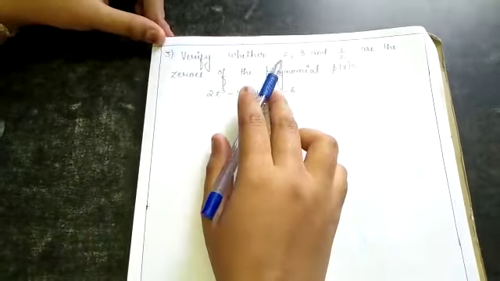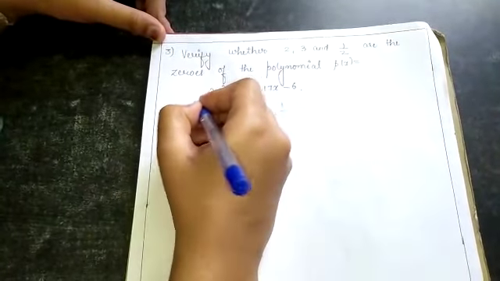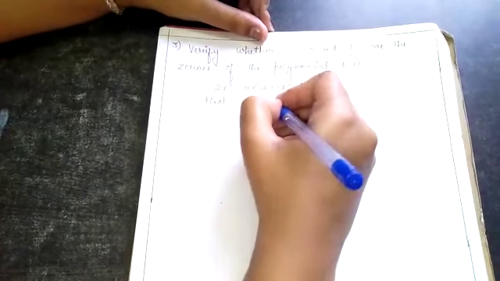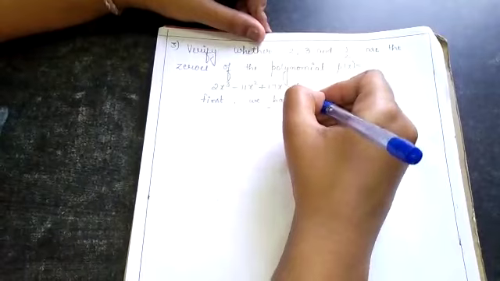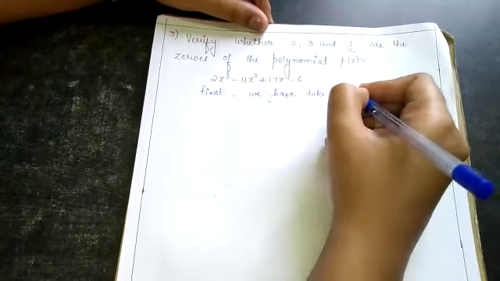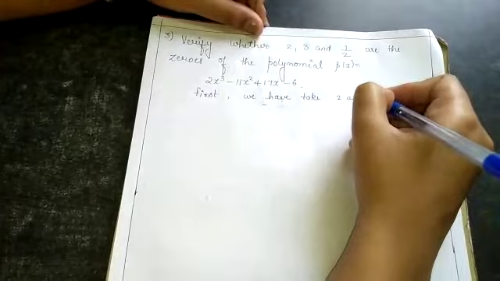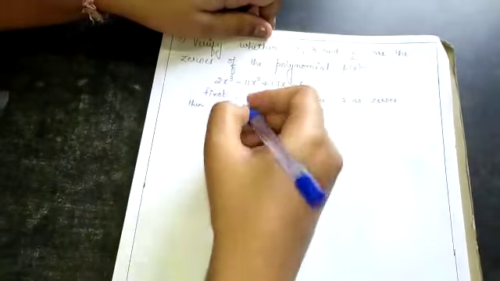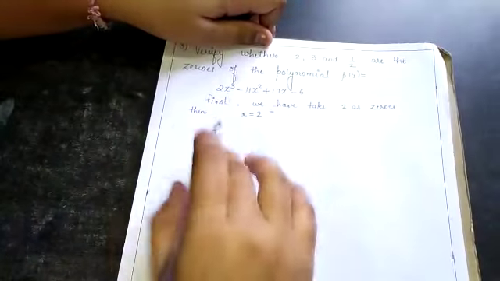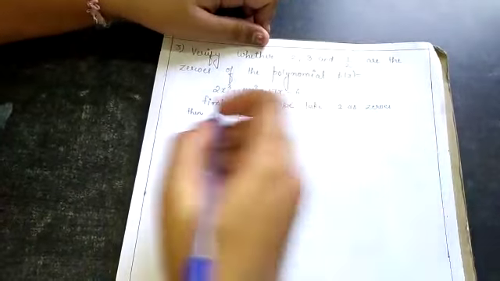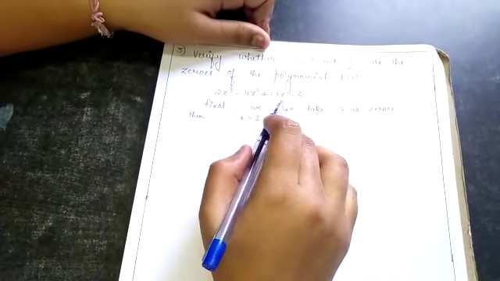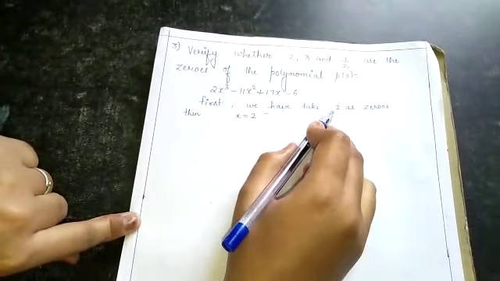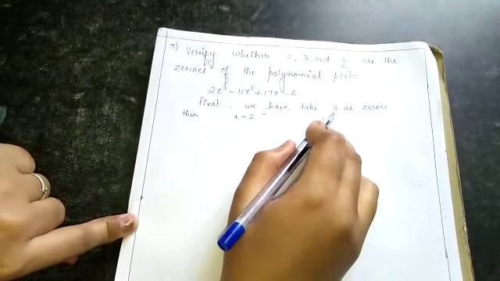So taking 2 as a zero first, then x is equal to 2. Putting this value in the polynomial, and after solving we get 0. If the polynomial becomes 0, then this value is called a zero of the polynomial.